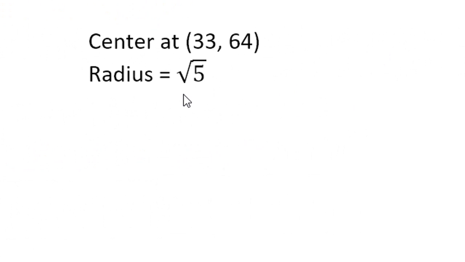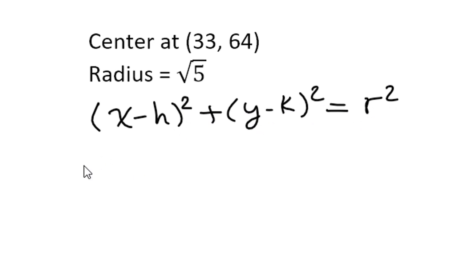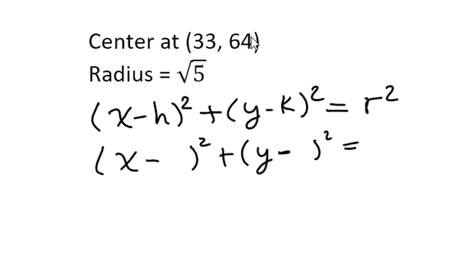And the last one over here, we have the center at positive 33, positive 64 with a radius of the square root of 5. Since we're given the center, 33 is going to be h and 64 is going to be k.